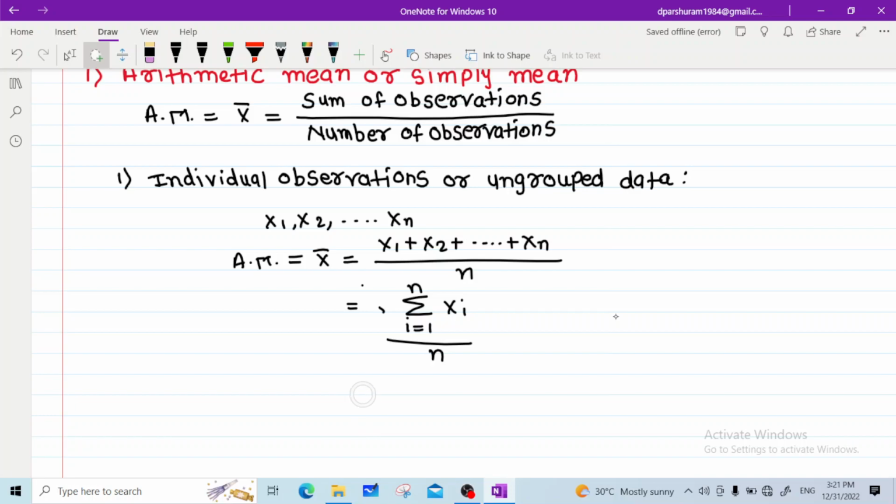And for simplicity or convenience, this summation, that is summation xi, i going from 1 to n, will be written as only summation xi. That is, arithmetic mean for individual observations or ungrouped data is given by the formula summation xi divided by n.